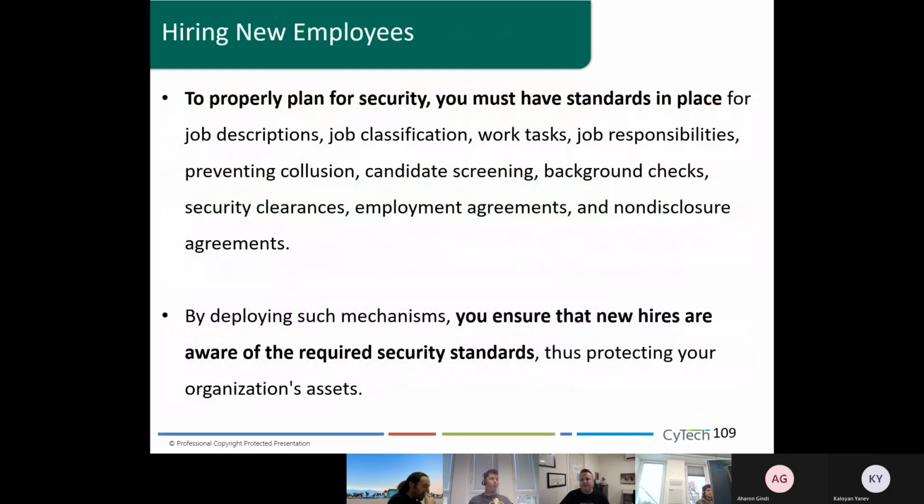As we said, as we're hiring new employees, we want to make sure we're bringing the right people and we do the right hires for the right roles. Also, we want to make sure that security requirements are there from the hiring process. So we want to do screening, we want to do background checks, but maybe we also want to mention security requirements in the job description that we put out there.